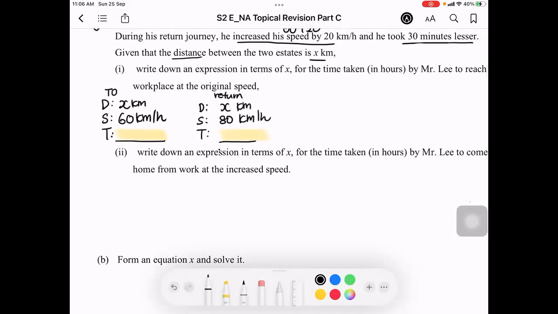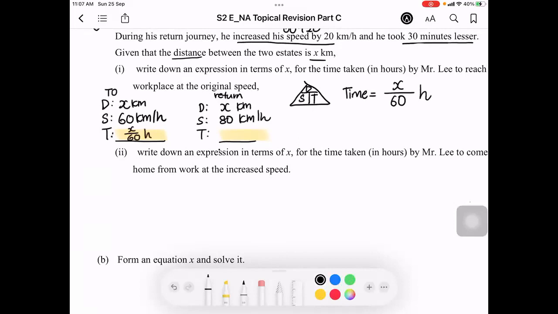Okay, so time, distance equals DST. How to find time? No problem. To find time, time is the distance, which is X, divided by the speed, which is 60, but this is in terms of hour. So this one would be X over 60 of an hour.